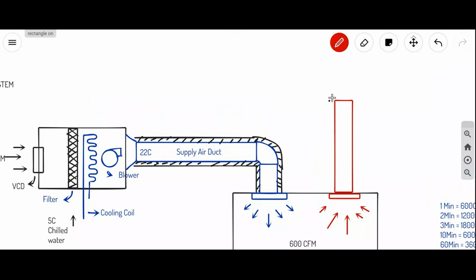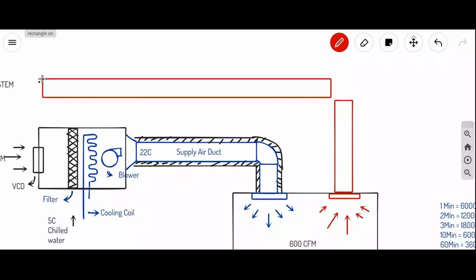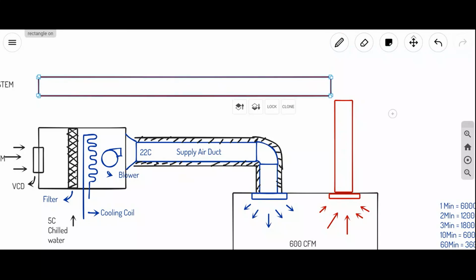But sir, in some areas we are not using the return now. I'll come to that point. We'll discuss that point, make a note of it.